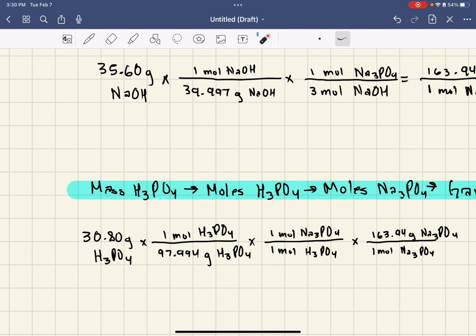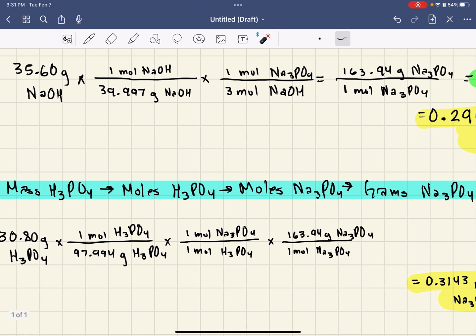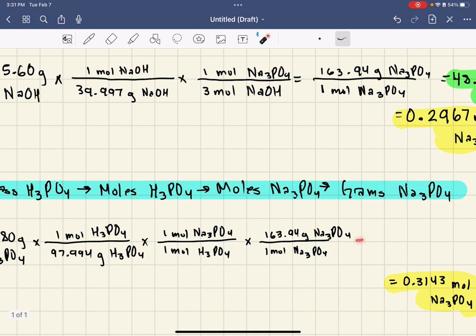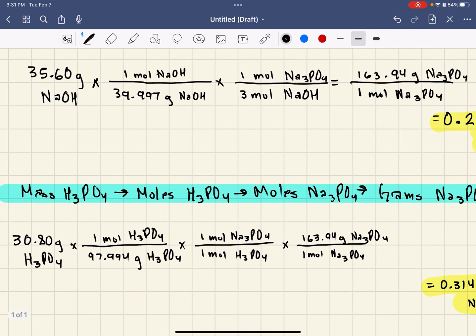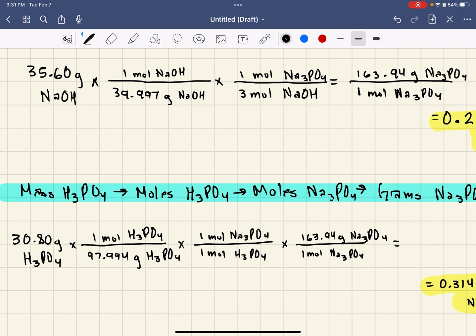Do not round yet. Always round towards the end. So we're going to divide this number by 97.994, which in the end will give us 51.53. Already rounded.